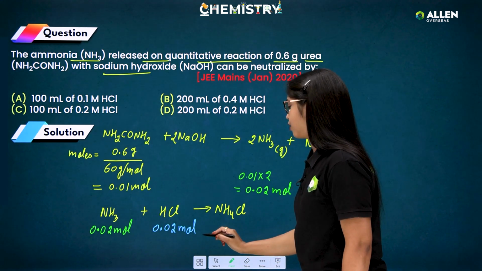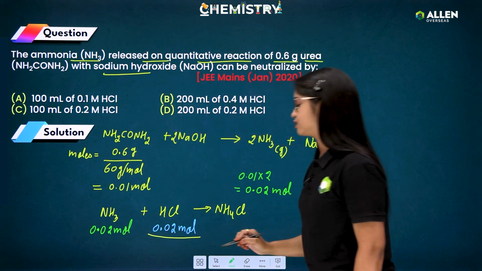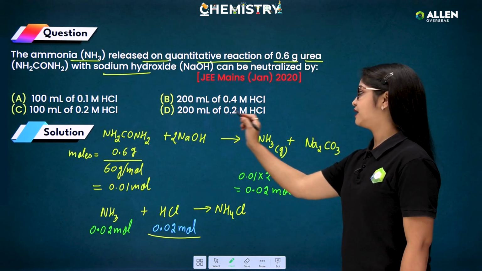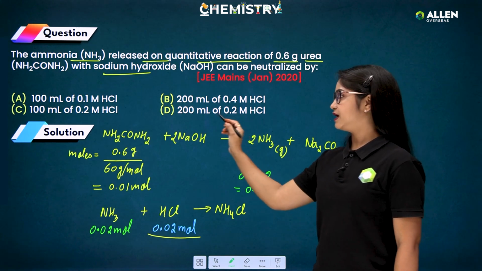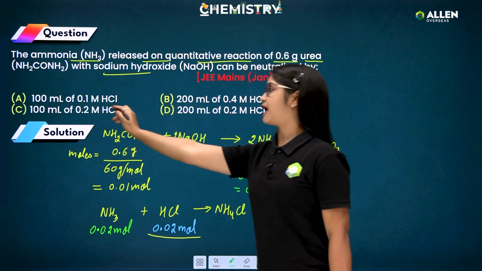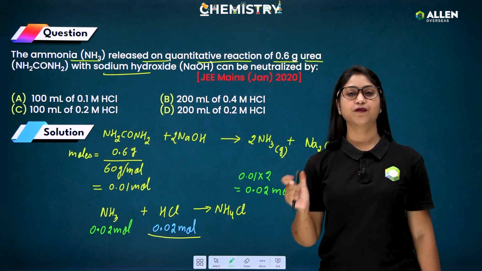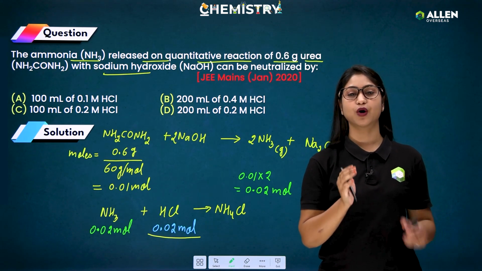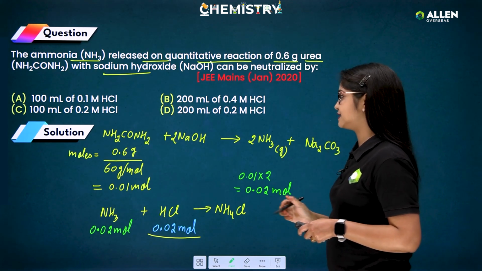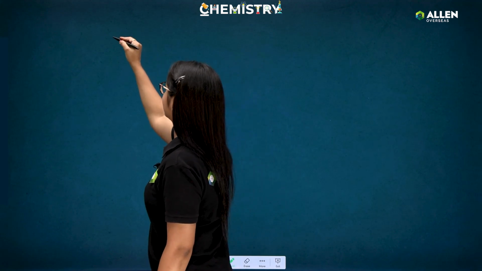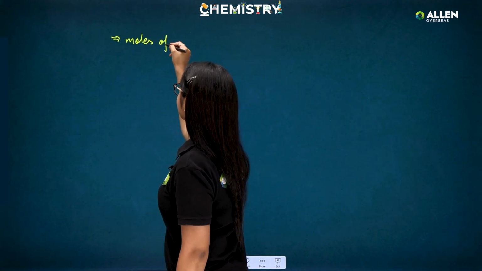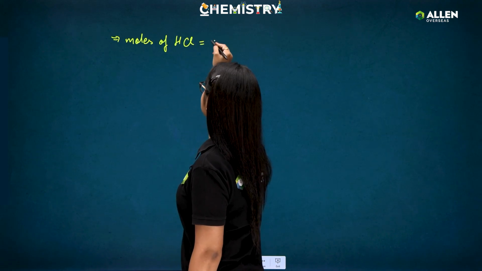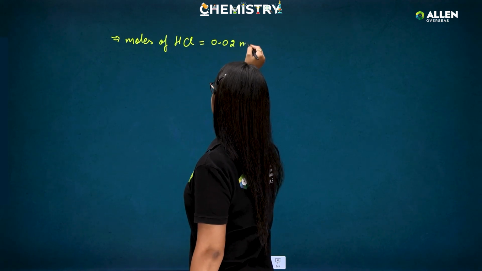So now we have got this moles of HCl, right? And in the options moles are not given directly. We are given volume and molarity. So how do we find the number of moles from molarity and volume? First of all, we have got moles of HCl equal to 0.02 mole.